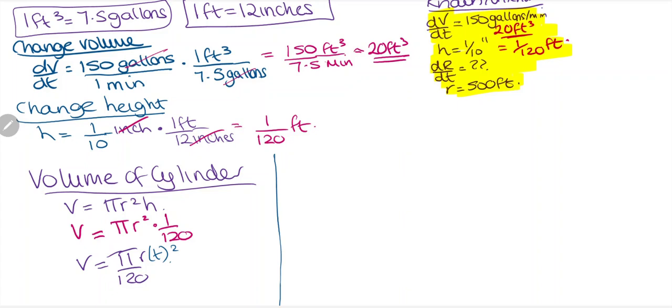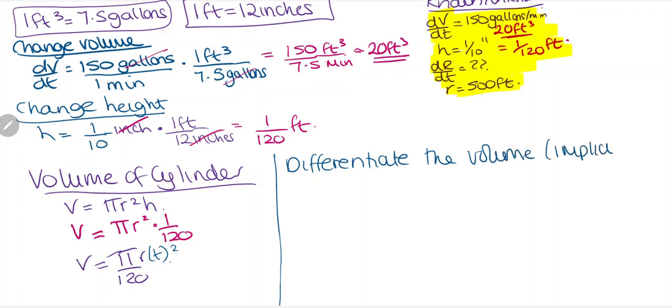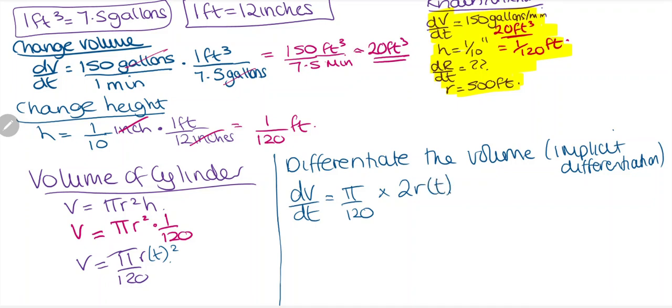We have dV/dt, so we're going to differentiate the volume, and this time we're using implicit differentiation. So dV/dt is pi over 120 times the derivative, which is going to be 2r, in terms of t, so this is multiplied by dr/dt.